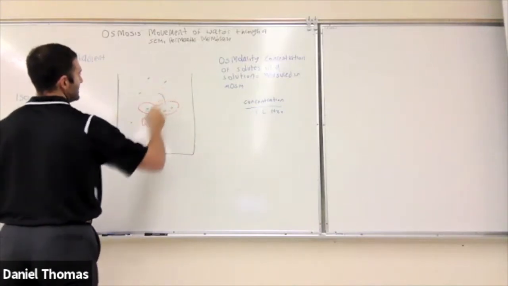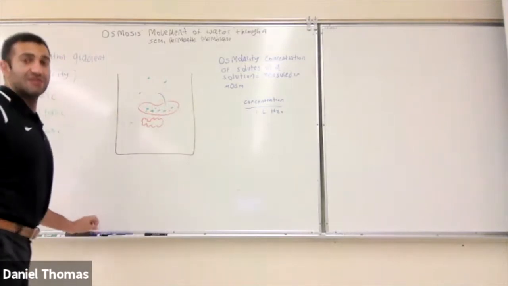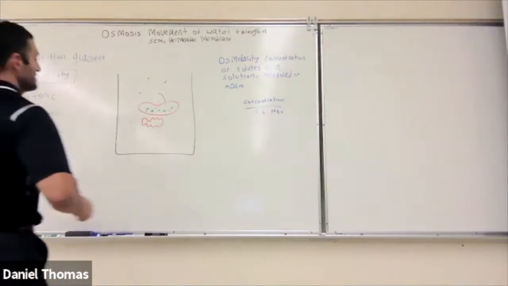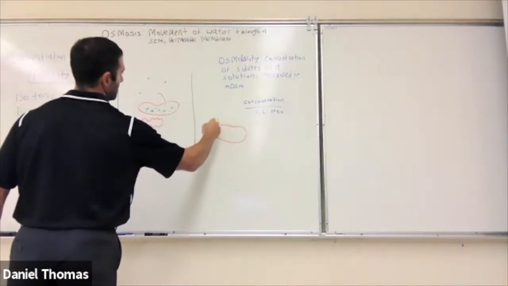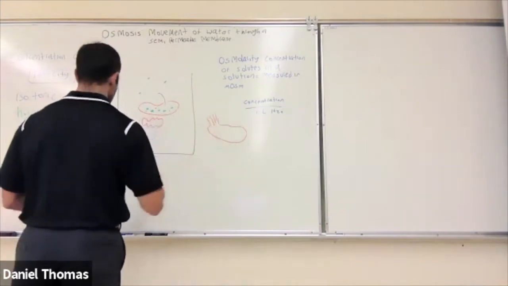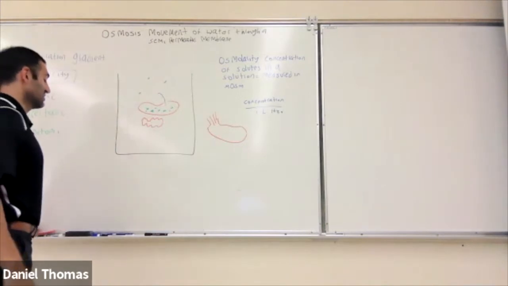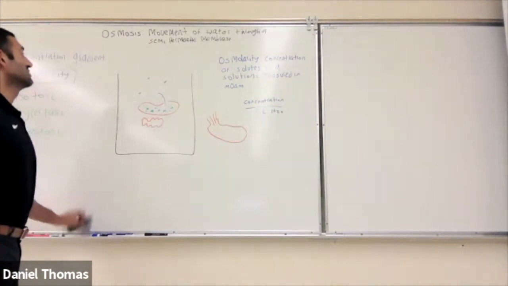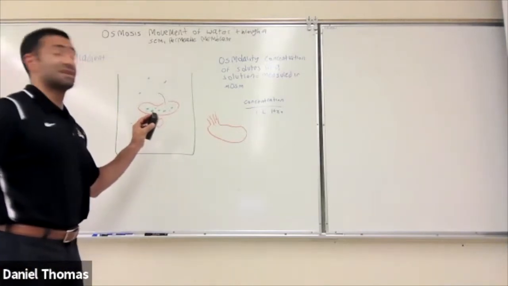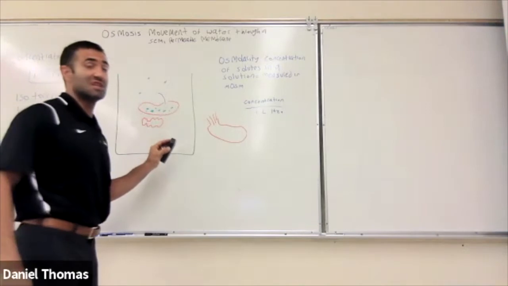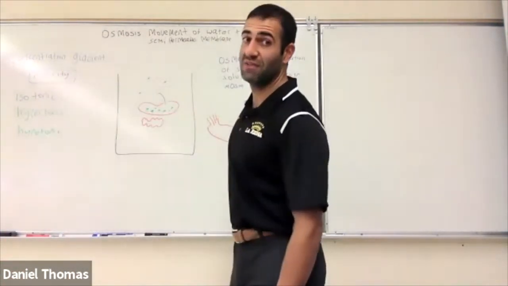The cell is actually going to expand, and if it expands too much, the cell could actually burst, because it's so filled with water that the cell membrane can no longer stay intact. So that is the problem with a hypotonic solution. The cells could become so saturated with water that they burst. This is what would happen if you gave someone an IV with pure water.